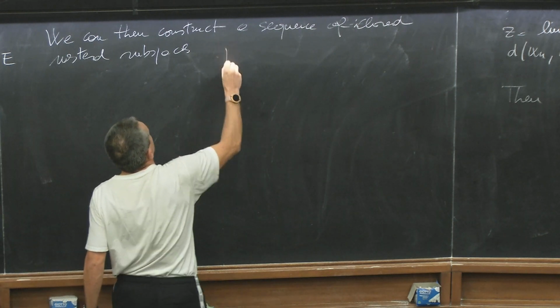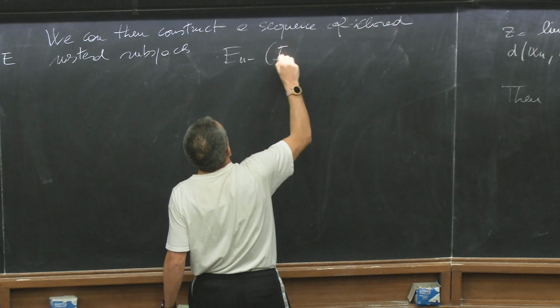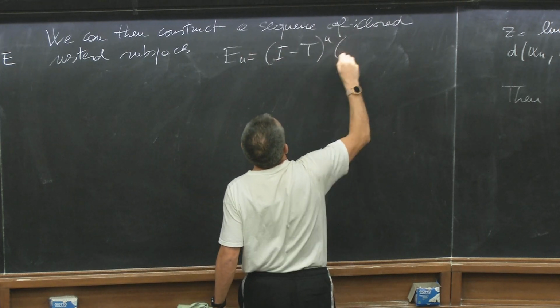So En is identity minus T to the n applied to E.